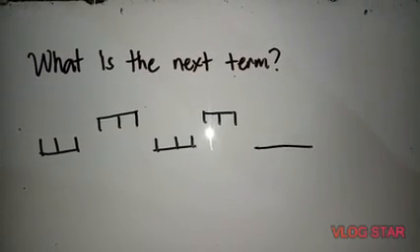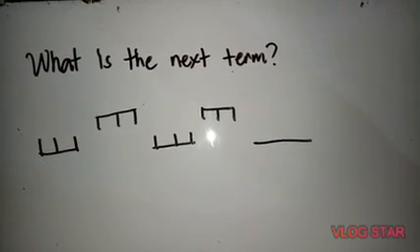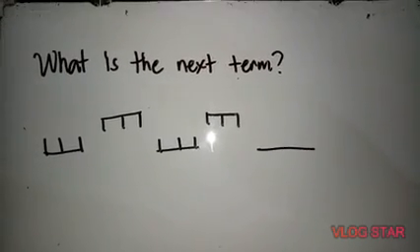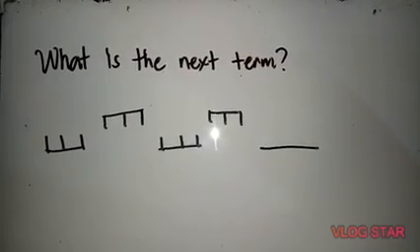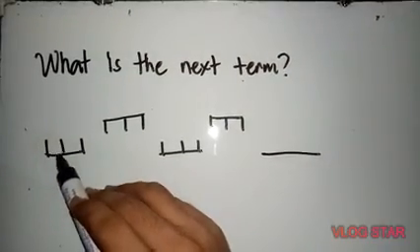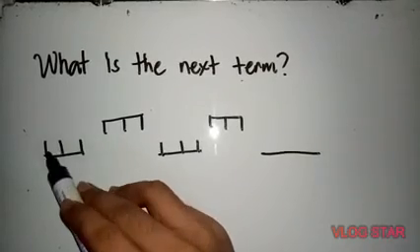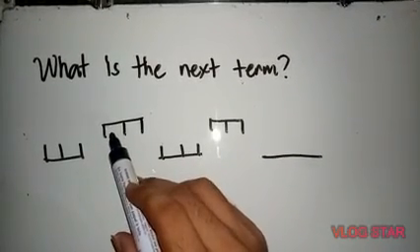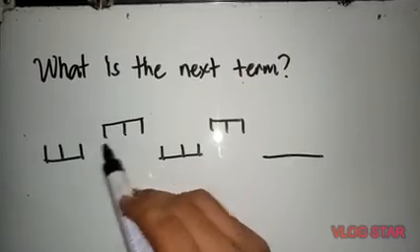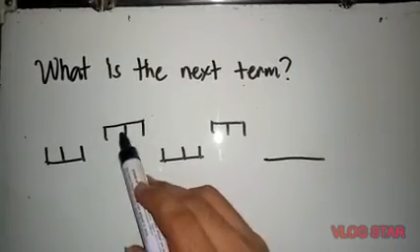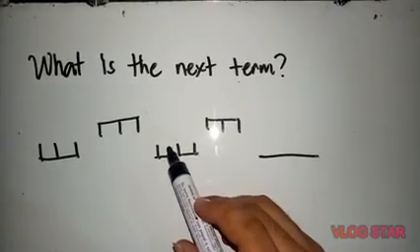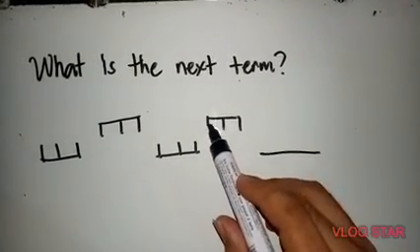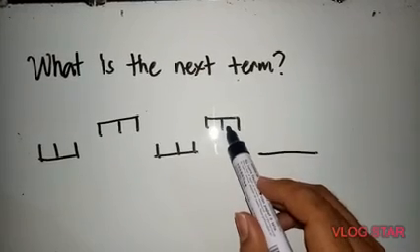Not only in shapes, we can also create patterns by flipping and turning shapes or letters. For example, this one: the teeth is up, the teeth is down, the teeth is up, then teeth down.